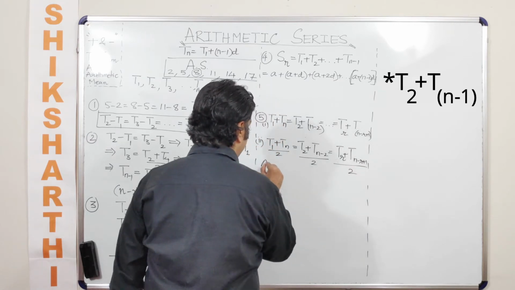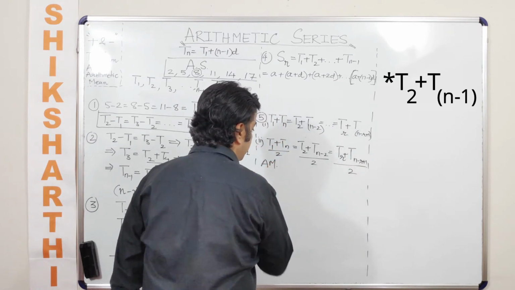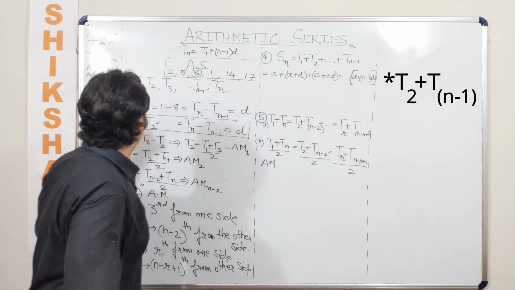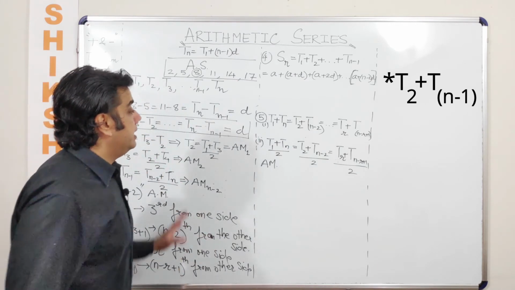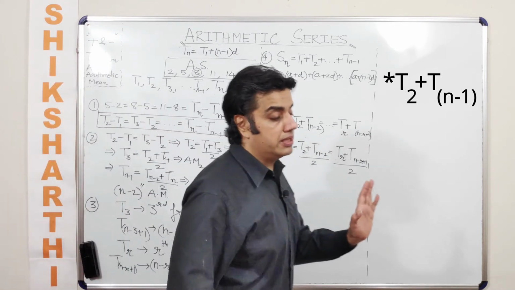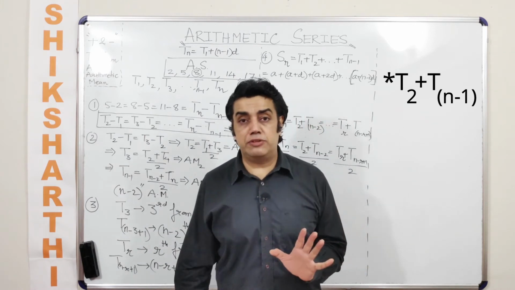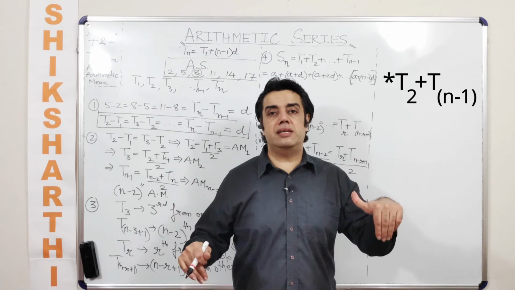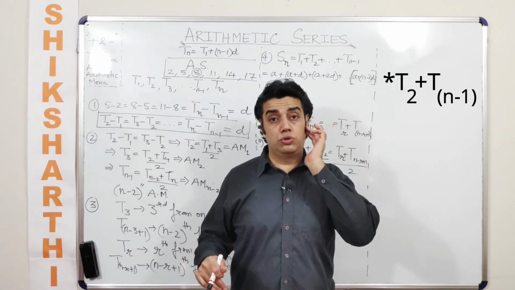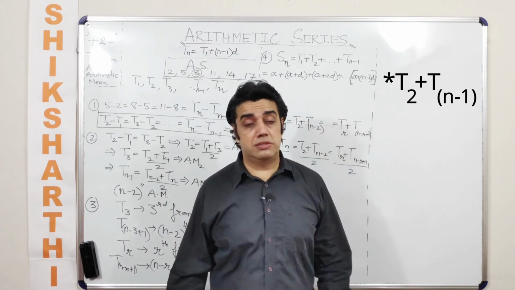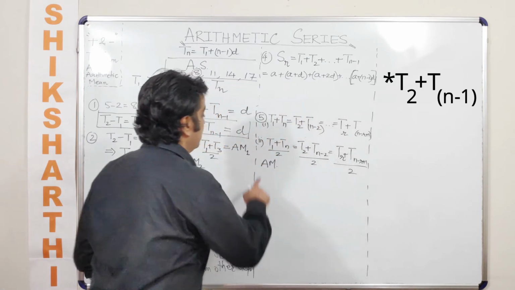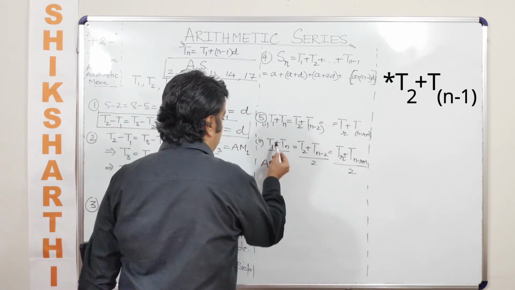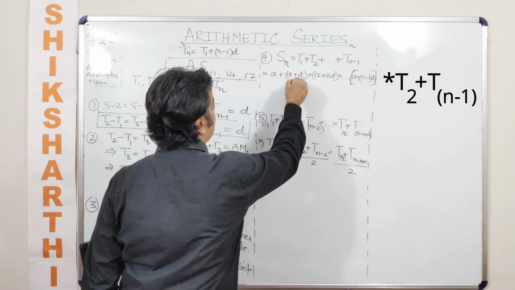This is just like you are finding out the arithmetic mean, AM. So when you are finding out the arithmetic mean of a given arithmetic series, you can just take the symmetric terms, add them and divide them by 2 to get the arithmetic mean of the series.